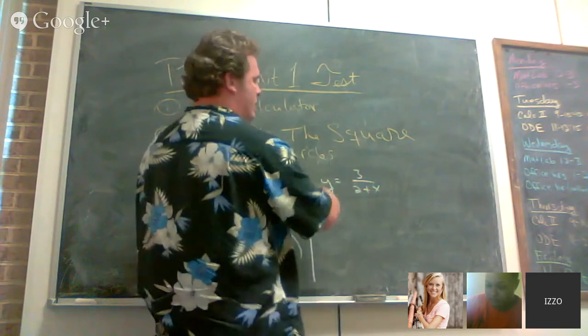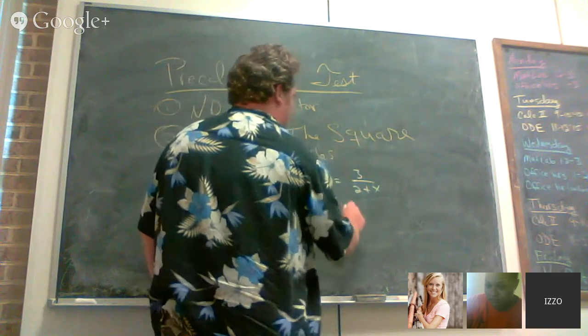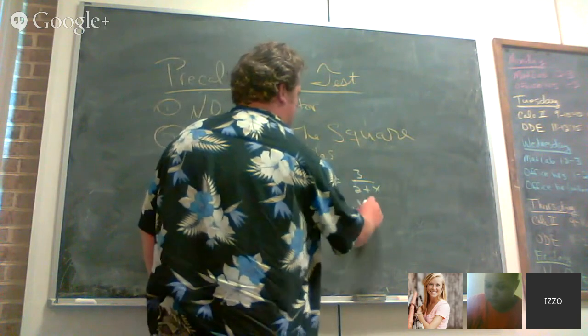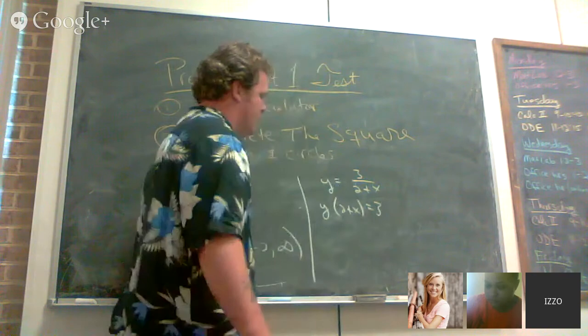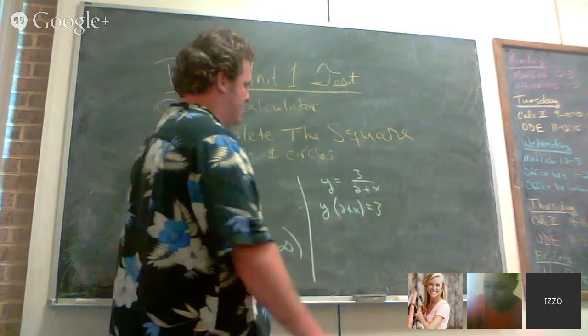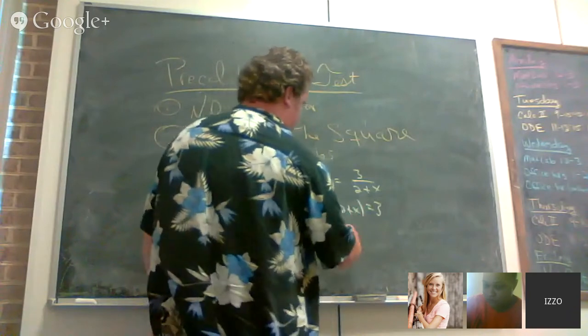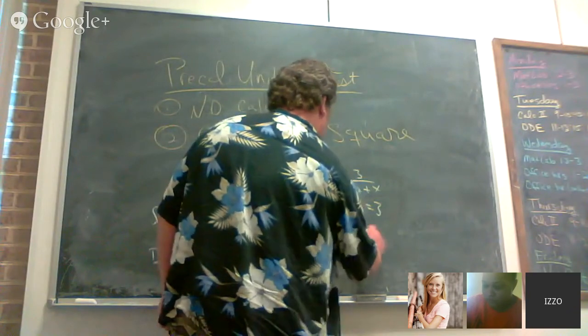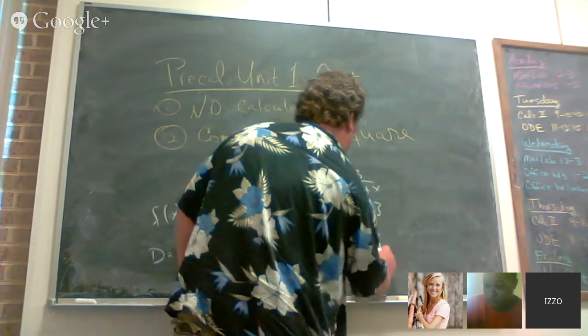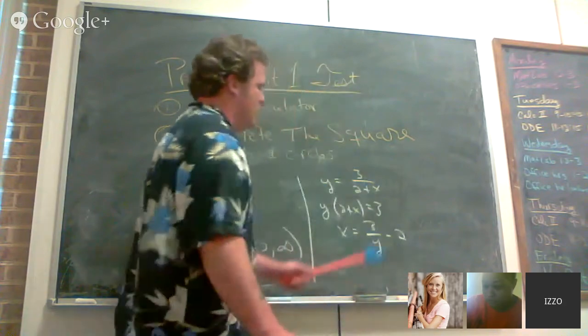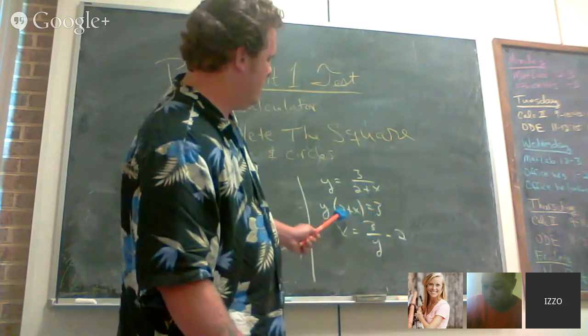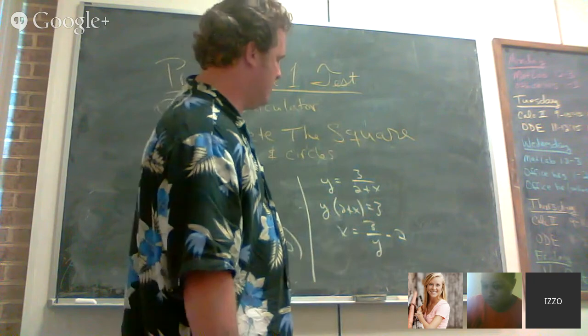I'm going to multiply out by 2 plus x and get y times 2 plus x equals 3. I need to get x by itself, so what would that be? x equals 3 over y minus 2. You guys agree with that? Divide out by y, and then subtract 2, and I get x by itself.